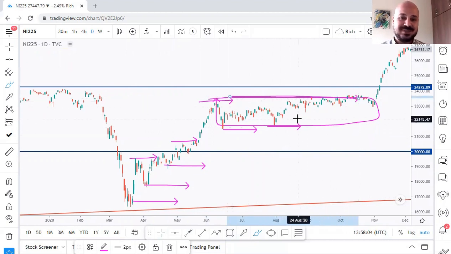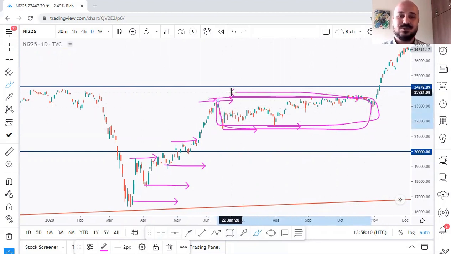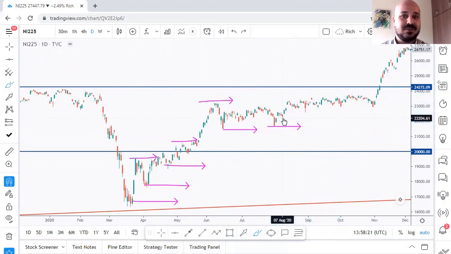Higher lows, which means that it's true that we are inside a range, but even inside this range, the buyers are in control because they are able to push price higher, while the sellers aren't able to push price lower. So even though we are inside a range, the buyers were still in control.